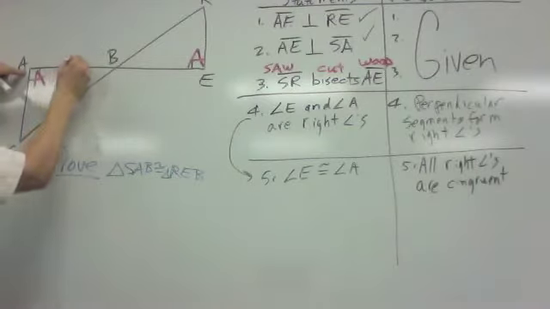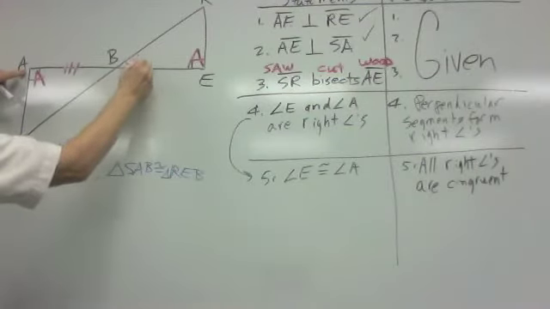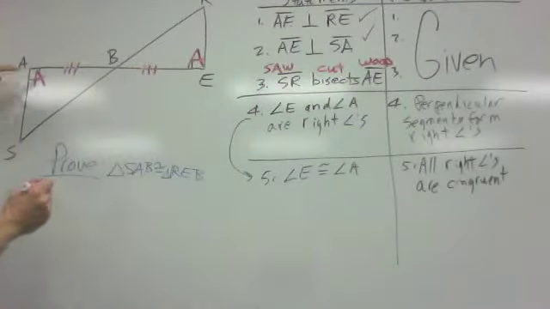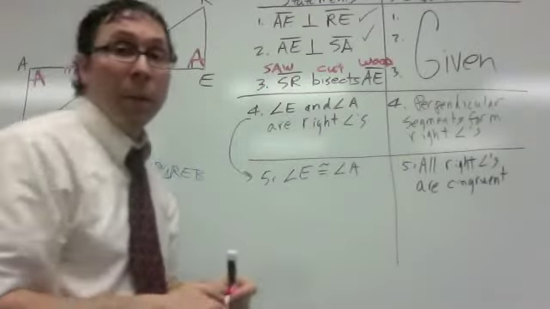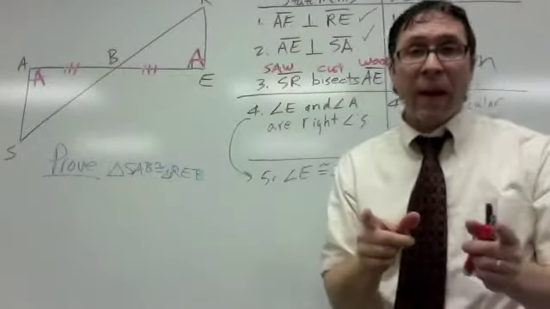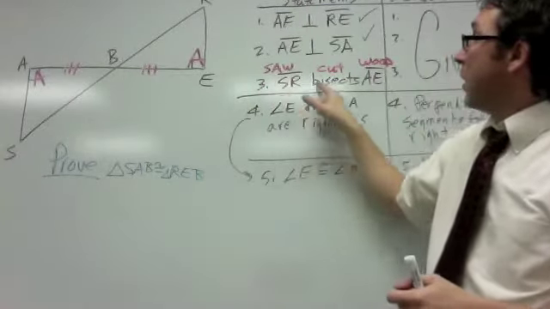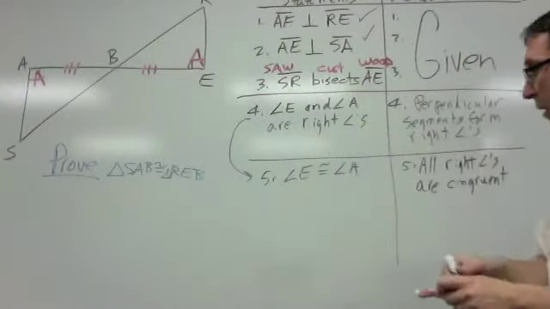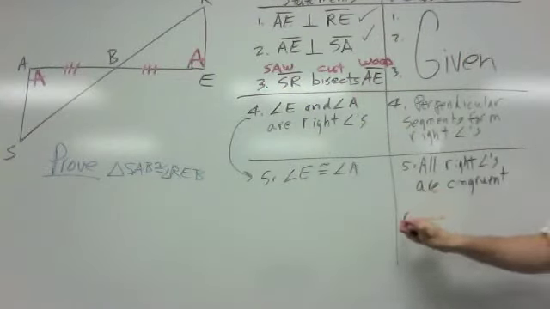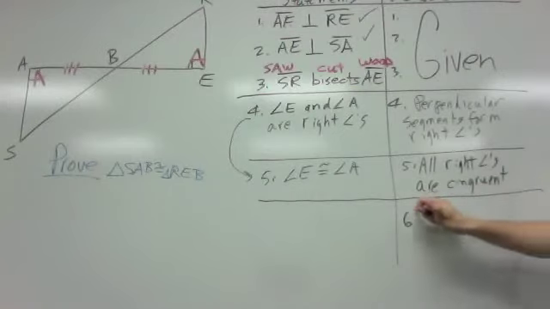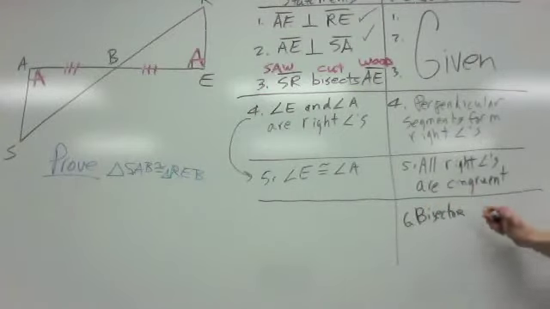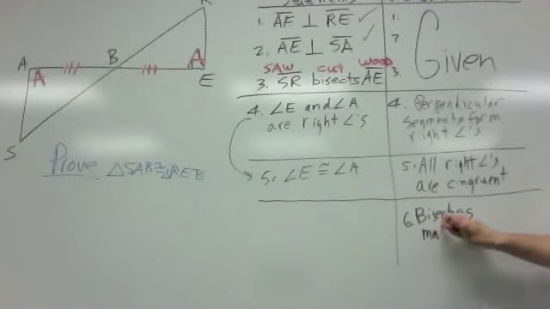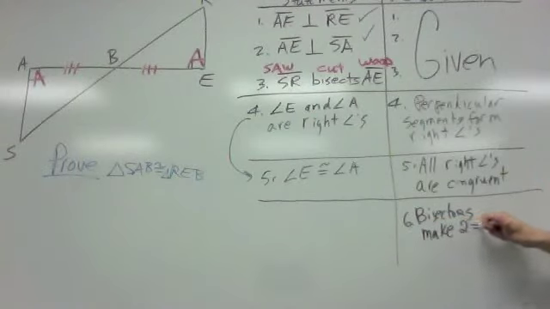That must mean that AB is the same as EB. And that's what I can buy with that fact number 3. Because the bisector exists, I can actually buy something with it. So what do bisectors do? Segment bisectors make two congruent segments.